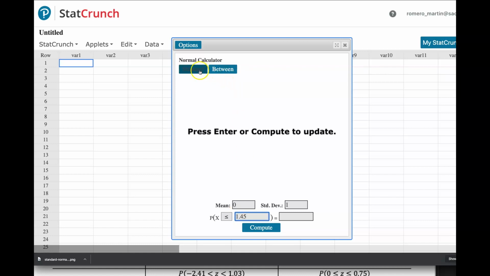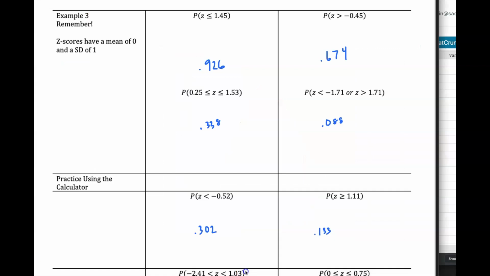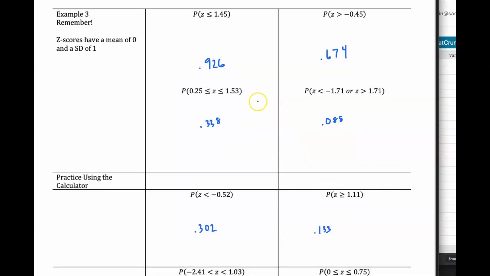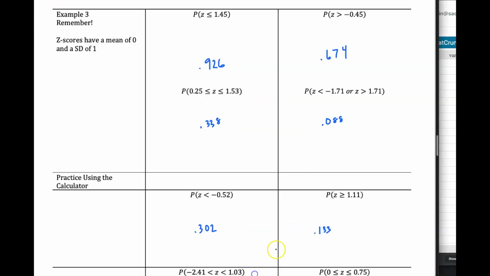Normal calculator, then your mean is 0, standard deviation is 1, and compute, and that's it. There's your answer, 0.92. Notice it draws in the normal curve, which you should do to get a sense of what you're actually solving for, and the red represents the proportion. Let me reread that again: 0.9264, sorry. There you go.